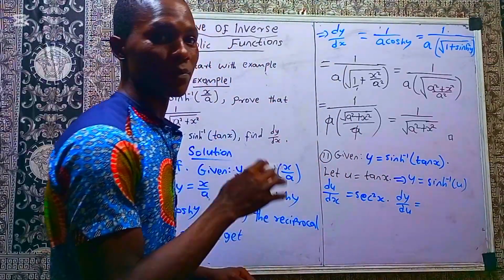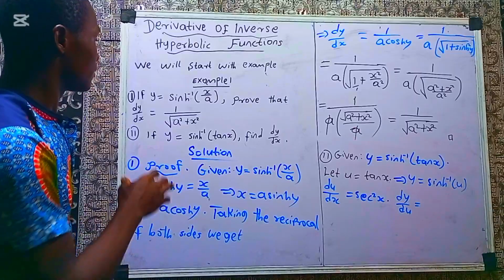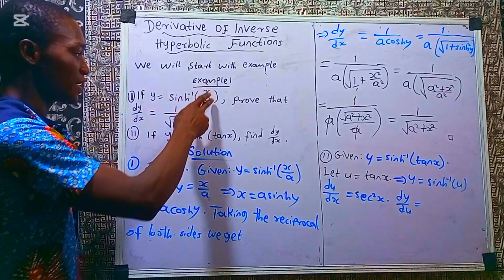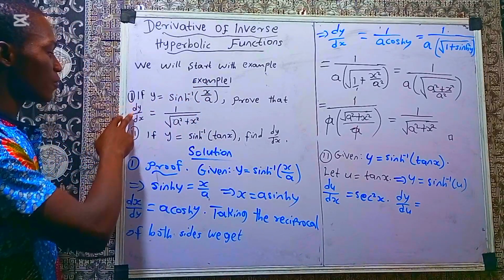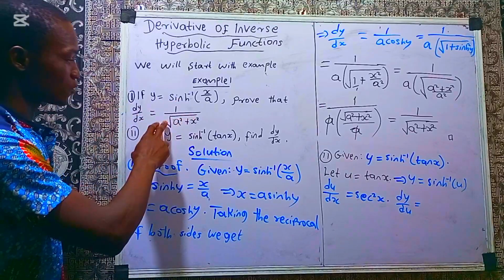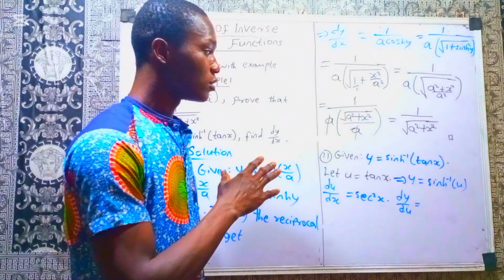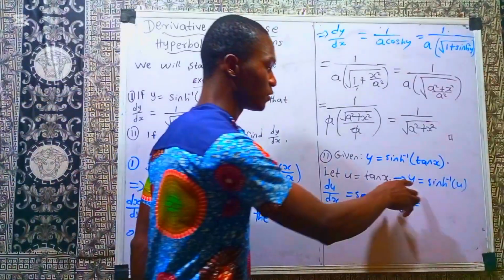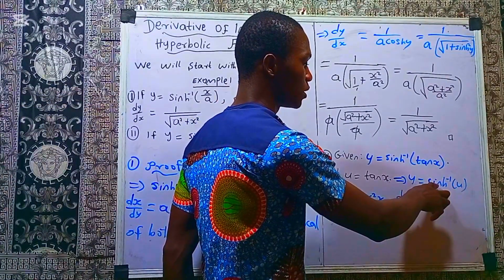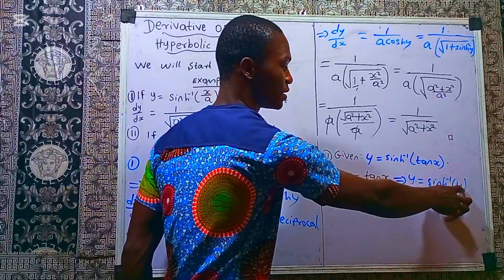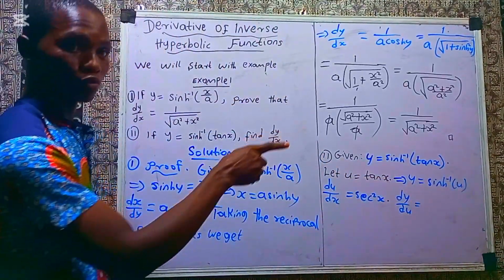So we'll use our previous result. What is given to us is that if you have that y is equal to hyperbolic sine inverse of x over a, then the derivative of y with respect to x is 1 over square root of a squared plus x squared. So that's what we have. So now we are having y is equal to hyperbolic sine inverse of u. So our x in this case is what? u.